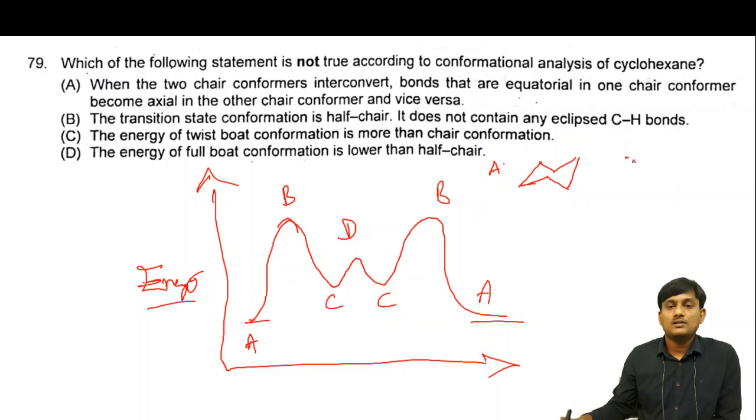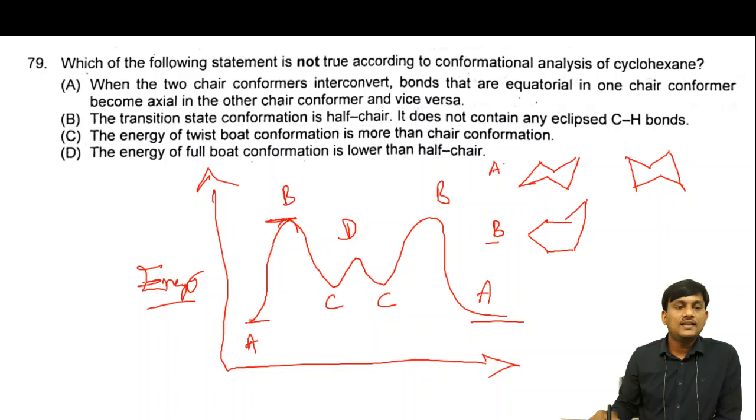These two forms show the interconversion of two chair forms. And B indicates the half chair, which is a high energy state, least stable. This is the more stable one. The next one is a twist boat.